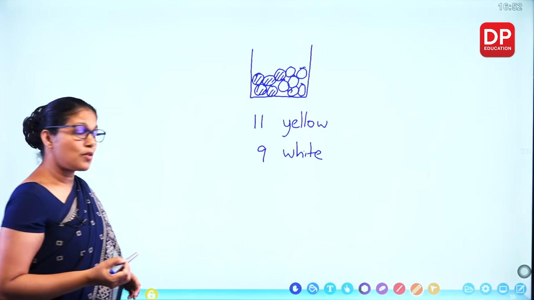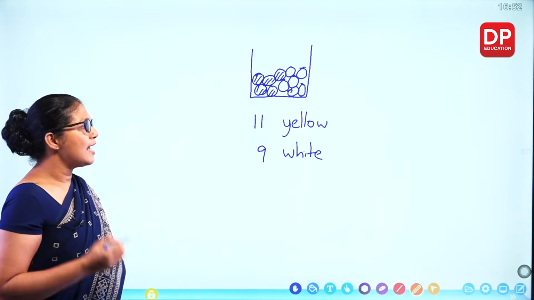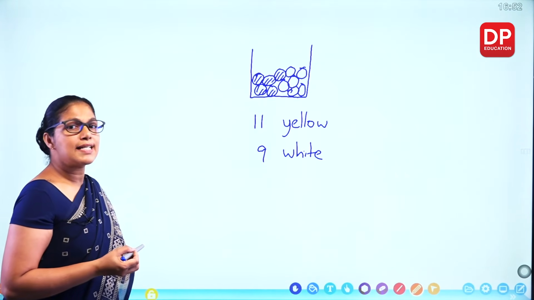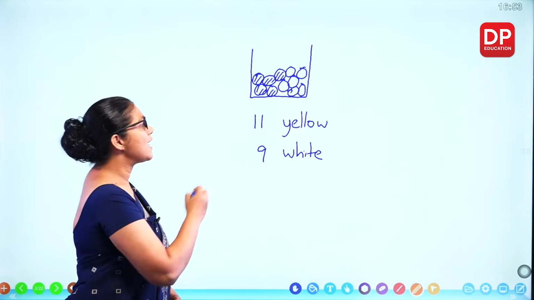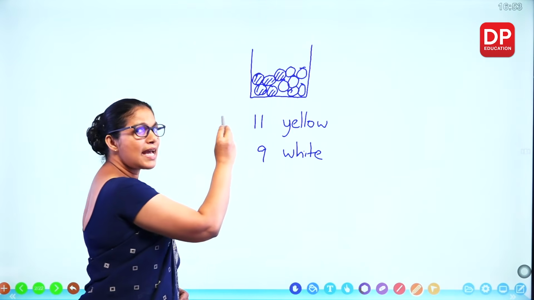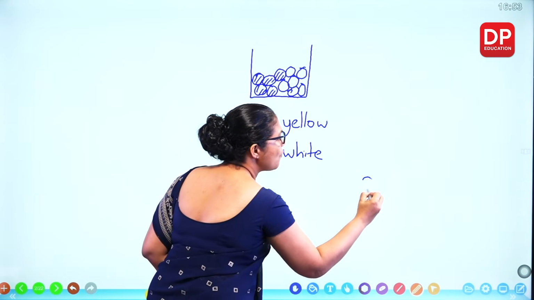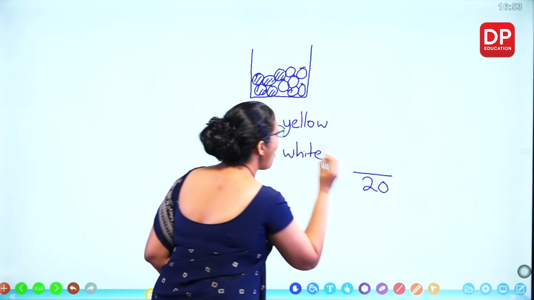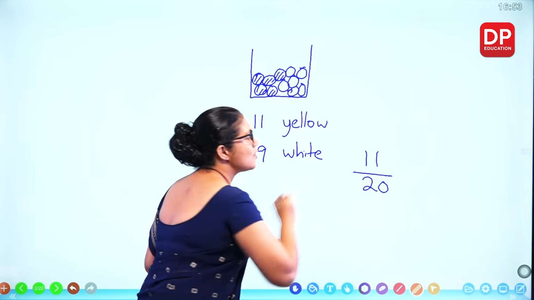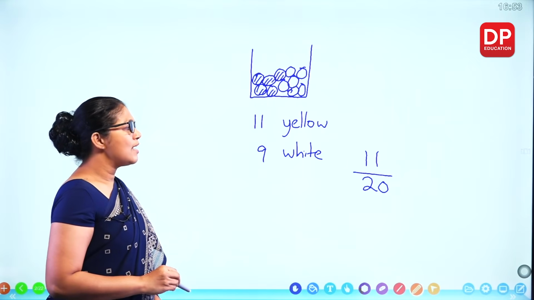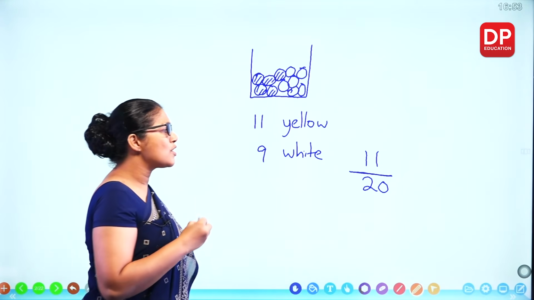If I ask you a question, how many yellow eggs are in this container, how can we write it as a fraction? We can write there are 20 eggs altogether. Out of 20, how many yellow eggs are there? 11. So 11 out of 20 or 11/20.